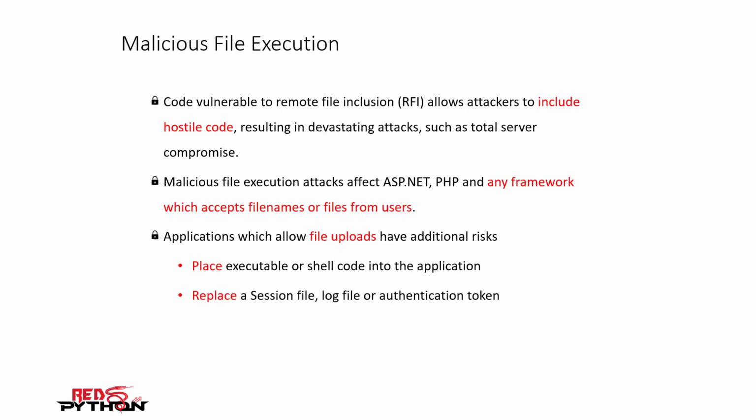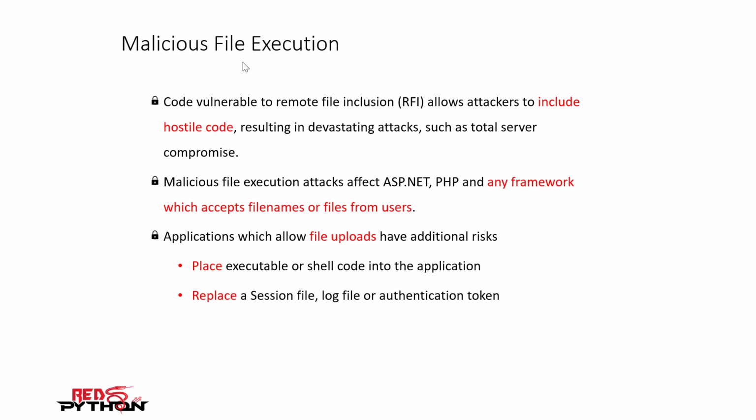The third vulnerability I want to talk about is malicious file inclusion. Many of the web applications out there accept some files to be uploaded by the user, such as a picture, their CV, anything, right?